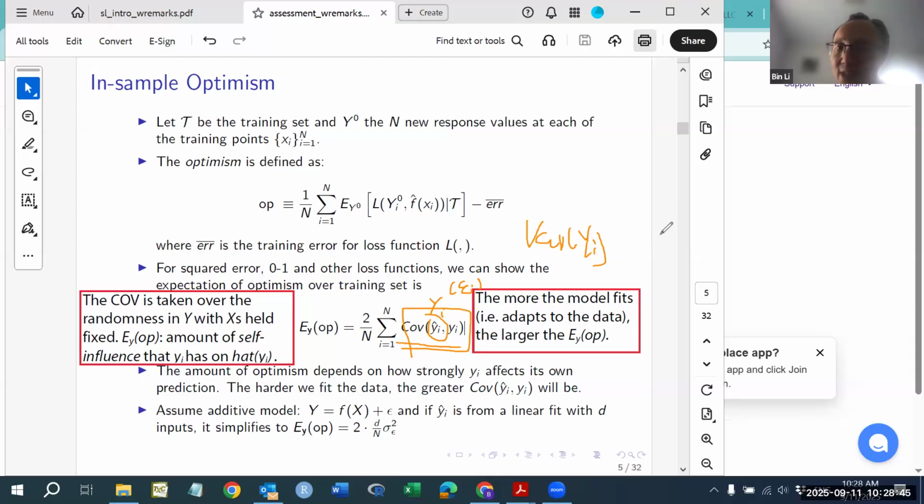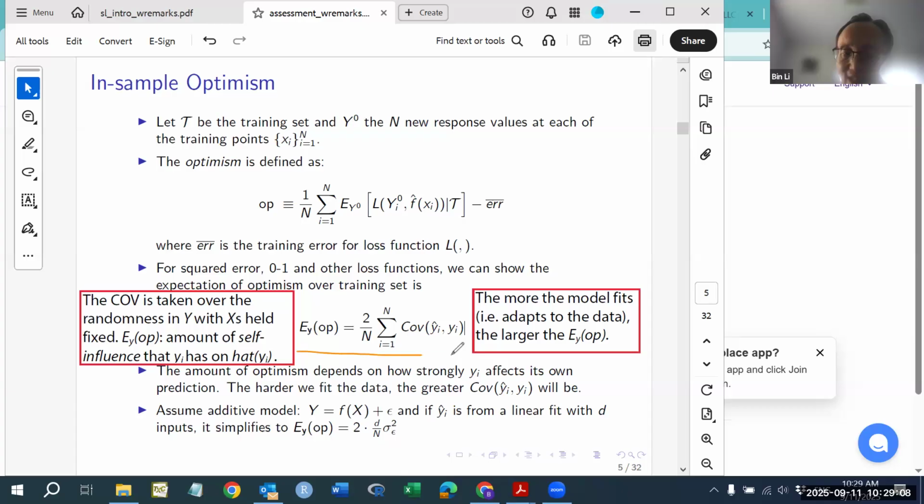So you can see in the worst case, the expected value will be this one, the variance of yi. And in the ideal case, it will be 0. But the smaller the better. For the overfitted model, this one will be large.